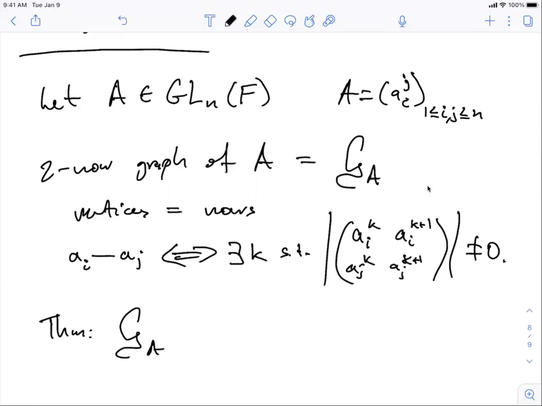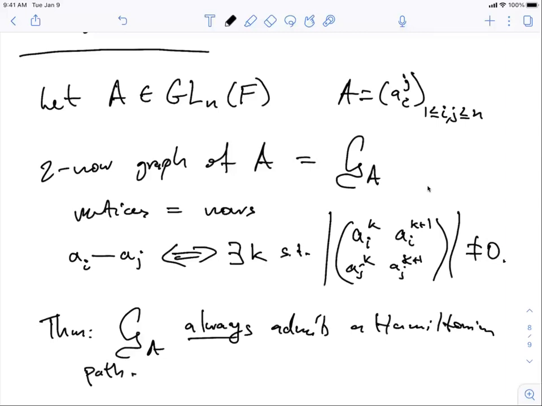G sub A always admits a Hamiltonian path. So that's a very weird thing, I think, about just invertible matrices over any field.